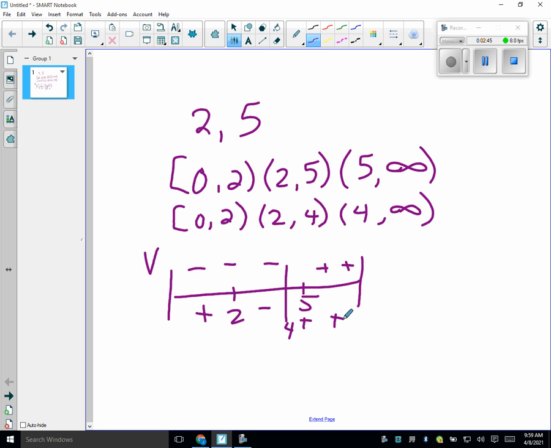Now, when is velocity decreasing? Velocity is decreasing when acceleration is negative. Is it just opposite? So, is it decreasing whenever they're opposite of each other? No. Decreasing just means when acceleration is negative, because it's decreasing or increasing when the derivative is positive or negative.